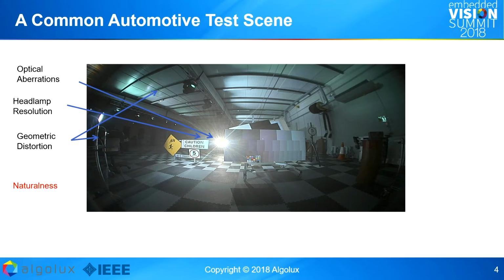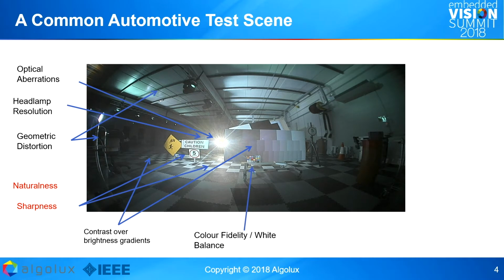What you can also evaluate with such a test scene, to a certain extent, is the naturalness of the scene. Sharpness, of course, the traditional checkerboard pattern features can be seen in the scene here. A fairly extreme range of contrast levels can be measured. Color fidelity, structure in shadows, extremely important to perform vision in such areas.